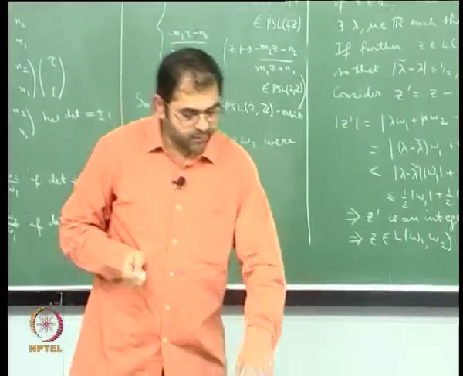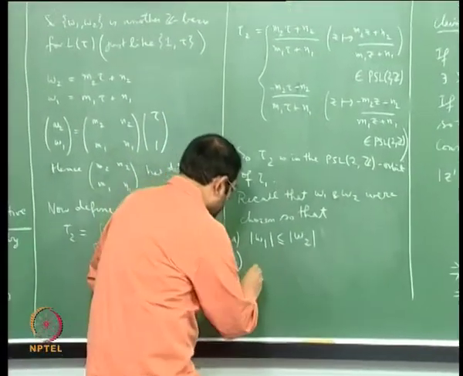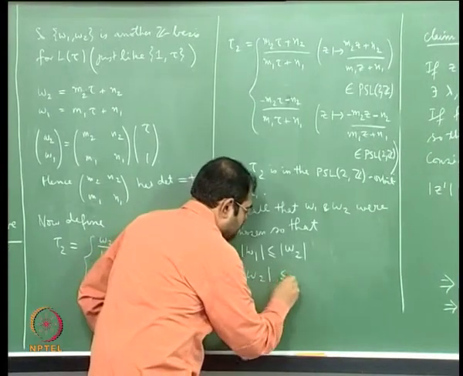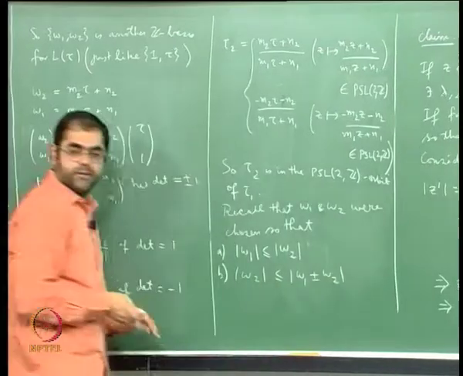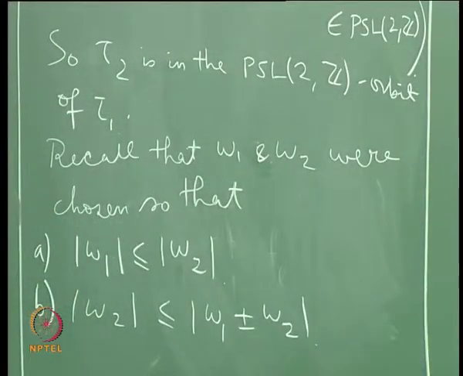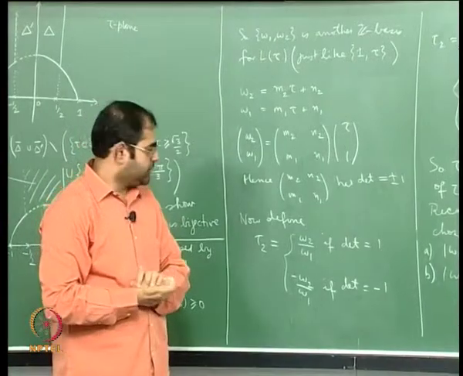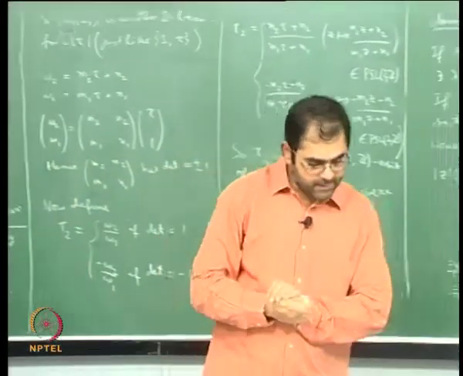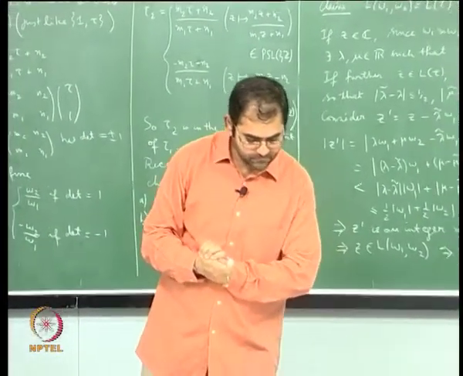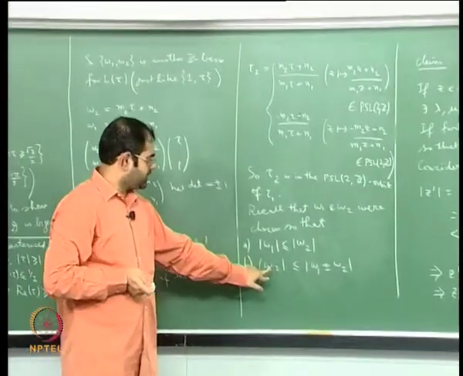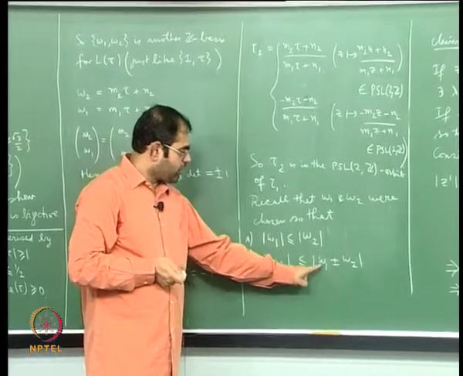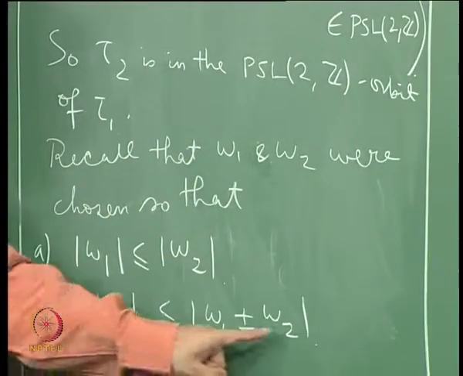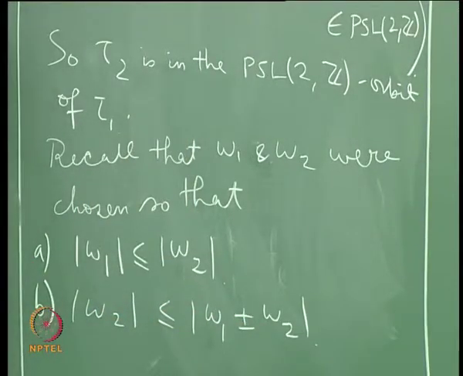The other two conditions: the first is mod omega 2 is less than or equal to the modulus of omega 1 plus or minus omega 2. Okay, so this is the second condition. I think this is fairly straightforward, because if you take omega 1 plus or minus omega 2, that is not a real multiple of omega 1.